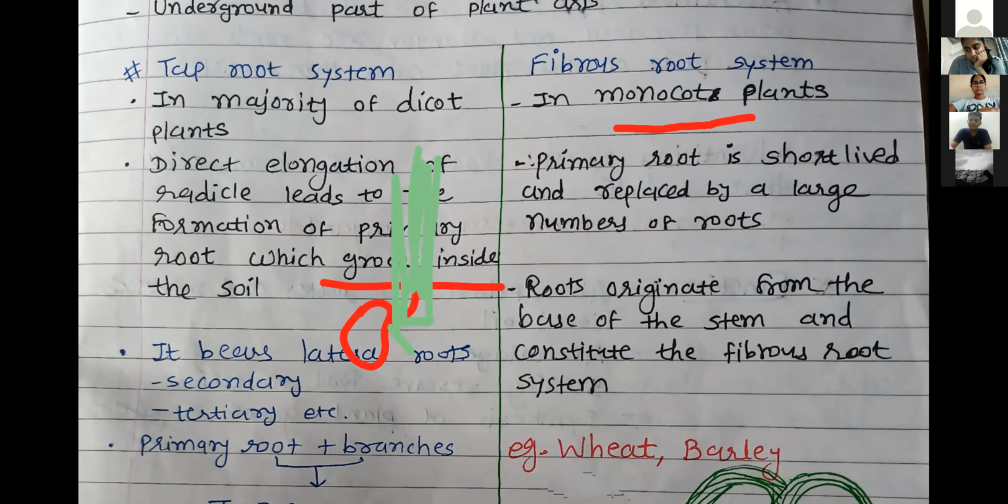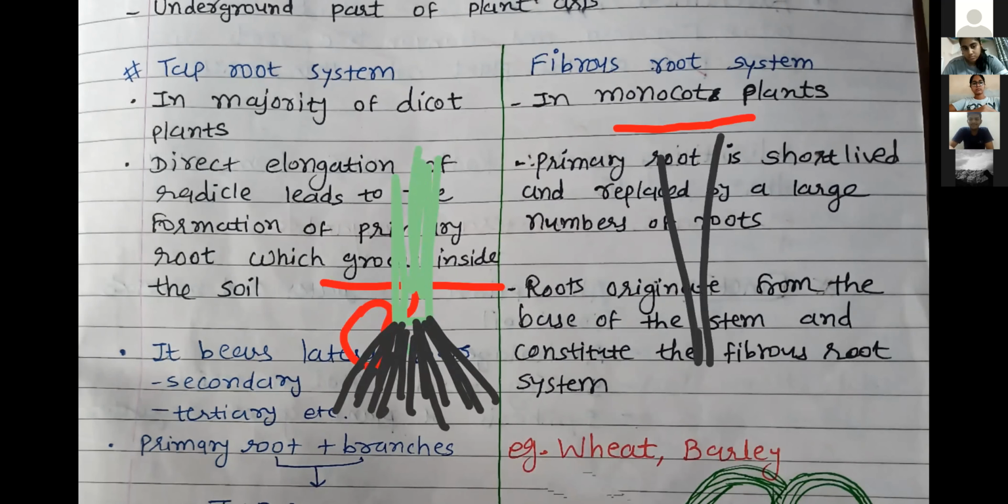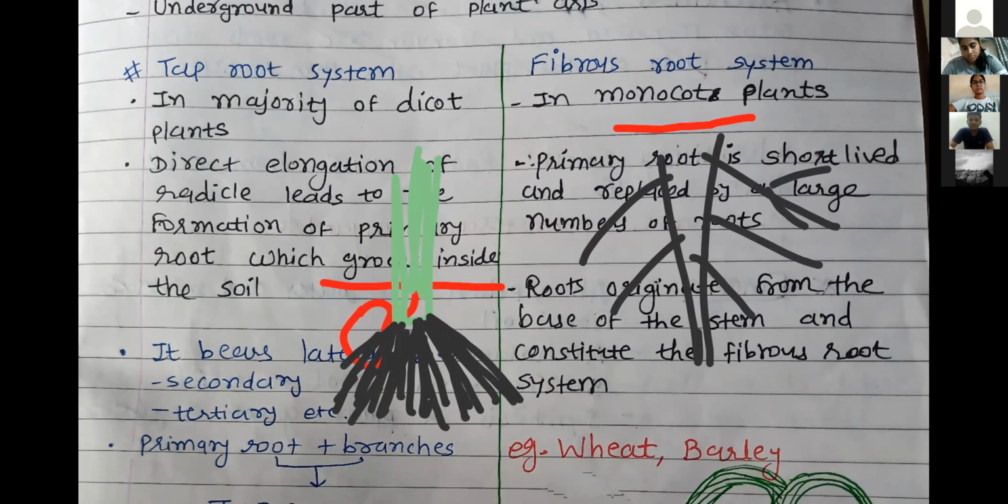From the base of the stem, from one point, many roots arise, and all these roots have the same length. In the primary root, this is the main one, then further branches are developed, and the diameter of the branches is very narrow compared to the primary root. Over here, all these roots have the same diameter.